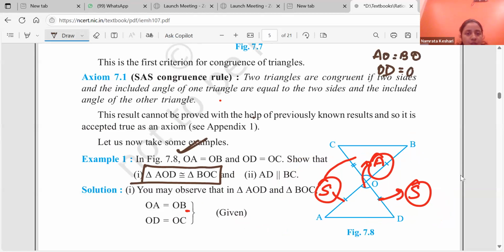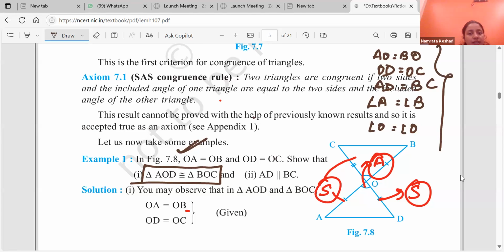OC and OD same. AD and BC same. Angle A over here and angle B over there are equal. Angles O are equal. Some data was already given in the question, and some data will be extra, but it doesn't matter at all. The moment we say congruency, this much data is matching. Yes or no?